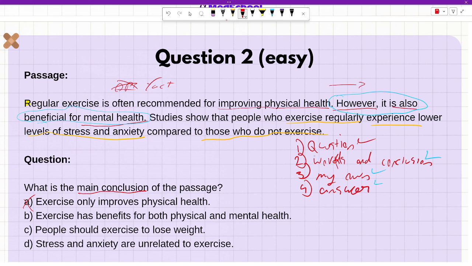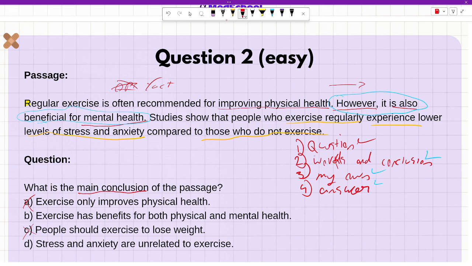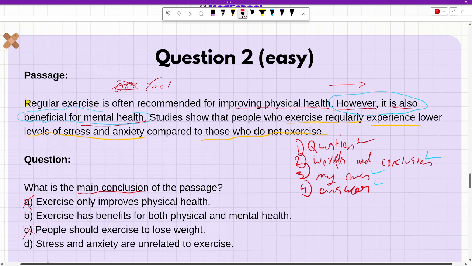People should exercise to lose weight. He literally did not mention anything about this. Stress and anxiety are unrelated to exercise. That's not what he's saying. He's actually saying that it is related, right? Experience lower levels of stress and anxiety. So it leaves us with option B. Okay.